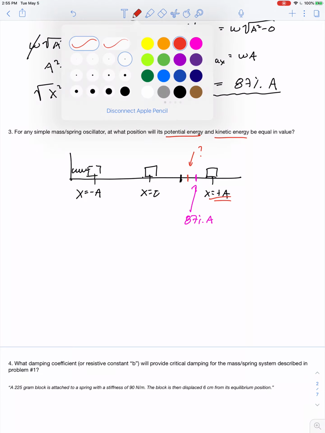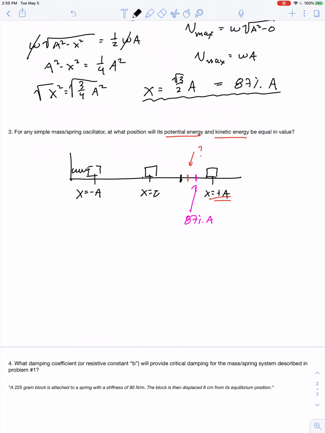So the only way that potential energy and kinetic energy can be equal is if the potential energy is equal to 1/2 of the total energy, but the total energy is the same thing as the maximum potential energy. In other words, when is 1/2 kx squared equal to 1/2 of 1/2 kA squared?